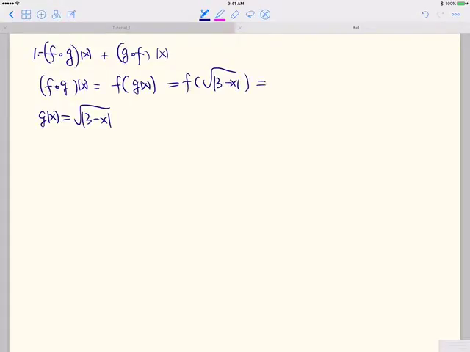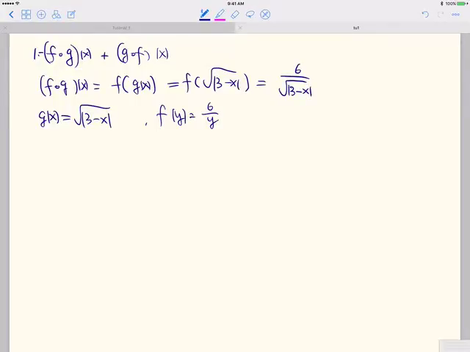And we plug in the expression for f, because f(y) equals 6 over y. The reason why I use a different variable here is to make sure that you won't get confused, because y here equals the square root of the absolute value of 3 minus x, right? So this will be 6 over the square root of the absolute value of 3 minus x. So that's it. Pretty simple, right?